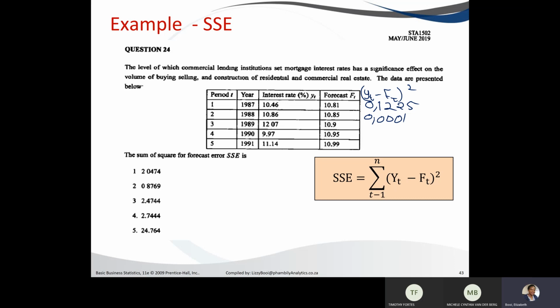12.07 minus 10.9 equals, and square the answer. 1.3689.